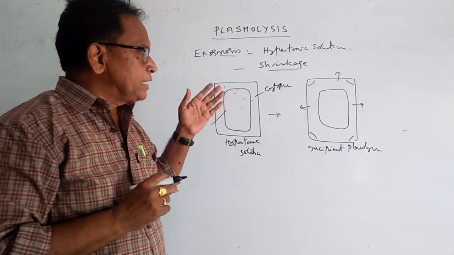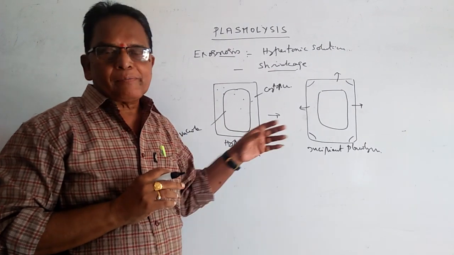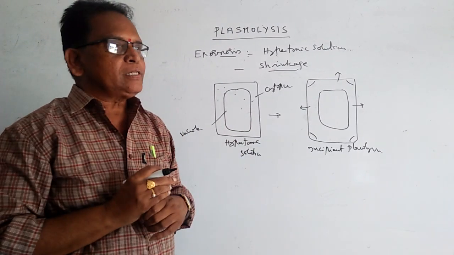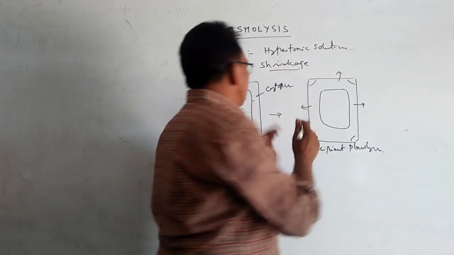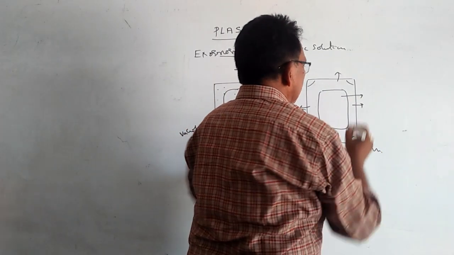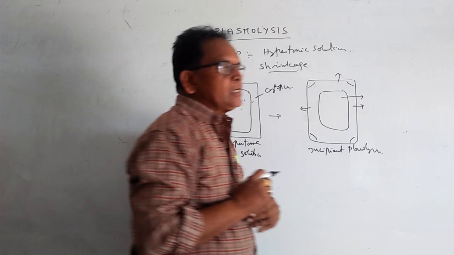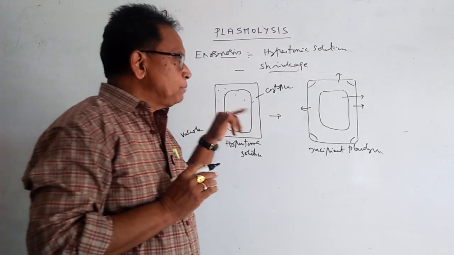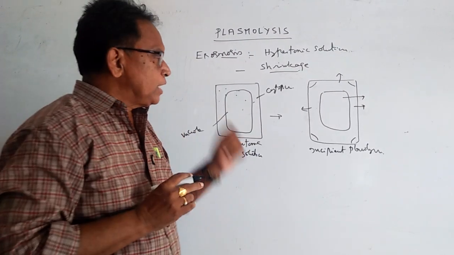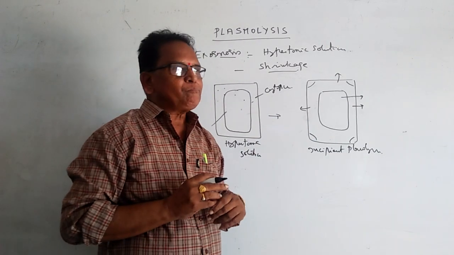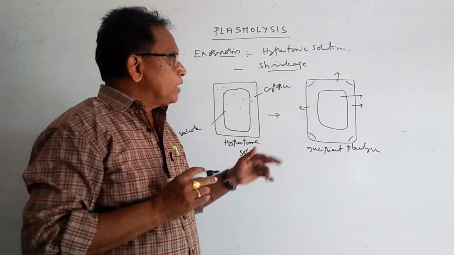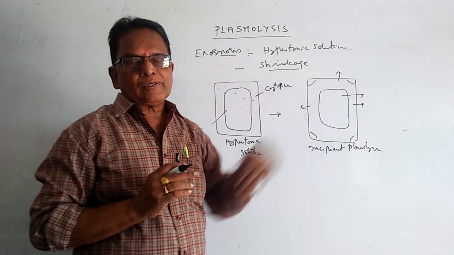Later on, if we keep this cell for a longer period in the hypertonic solution, water from the vacuole will also come out. So during plasmolysis, first water comes out from the cytoplasm, and in the second stage, water from the vacuole comes out.